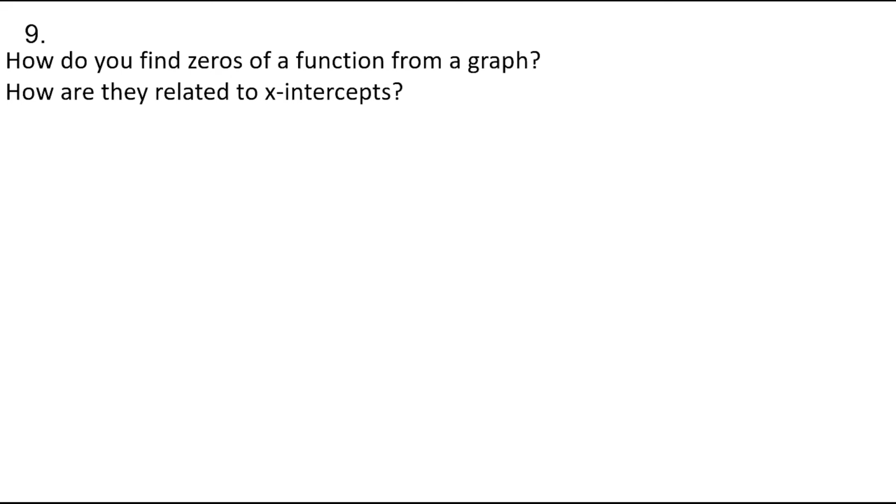Say I have a graph, and I'll label this one as my x-axis, and the other axis as my y.